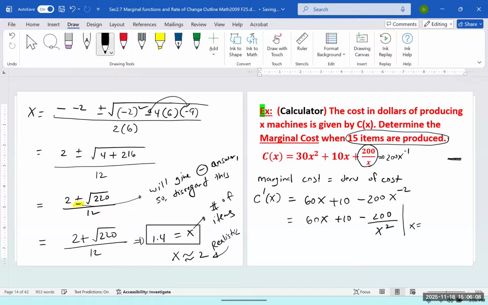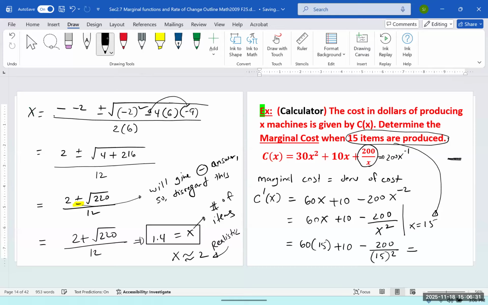And now we want to replace this x with 15, because this is what they're telling us. What is your marginal cost to produce 15 items? So it's 60 times 15 plus 10 minus 200 divided by 15 squared.